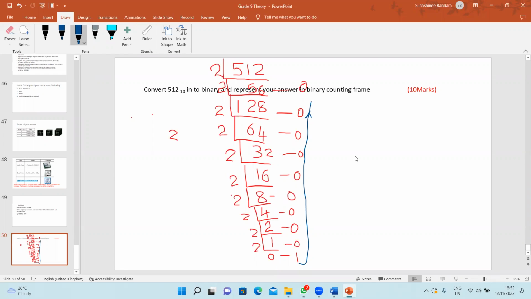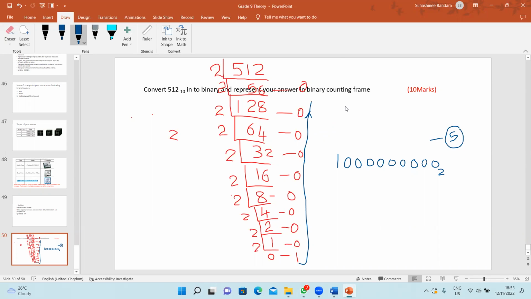So the answer should be 1, and then 9 zeros: 1, 2, 3, 4, 5, 6, 7, 8, 9 zeros, based on 2. Check whether you have the correct answer. If you have this answer, you will get 5 marks for this one.